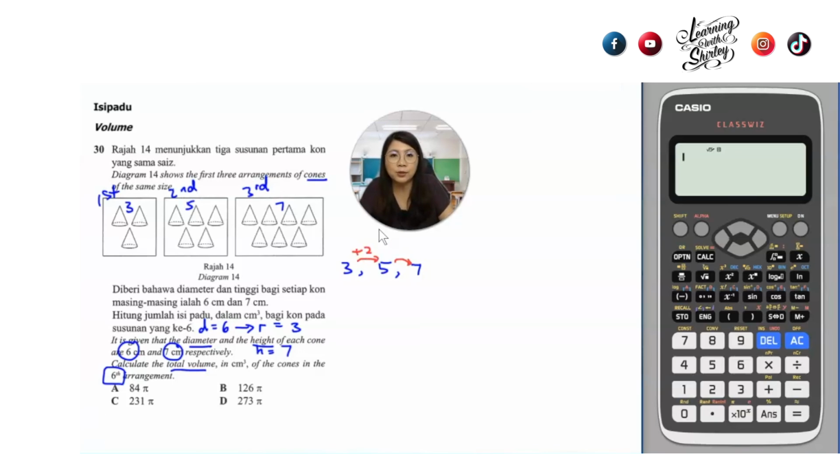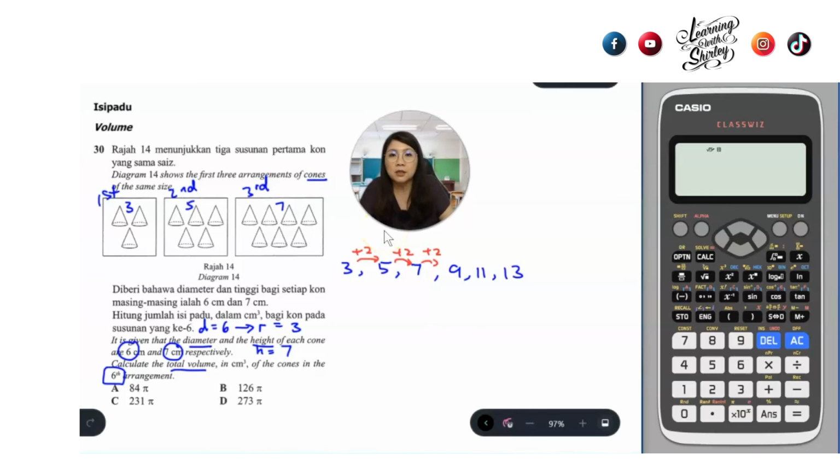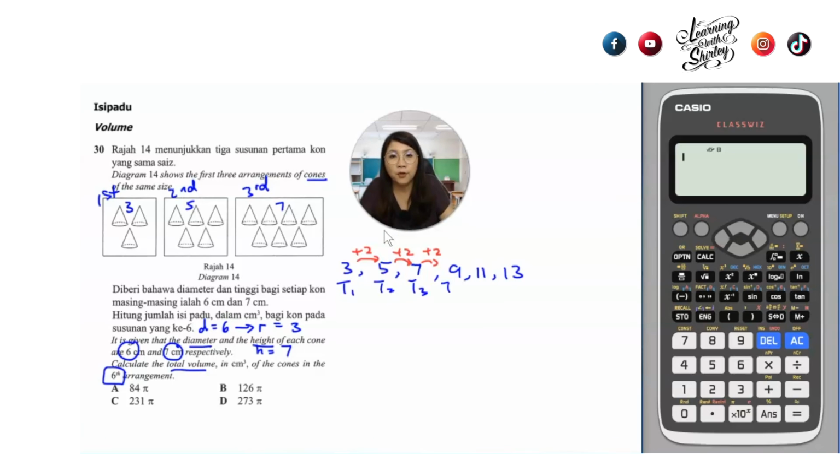So 5 plus 2, 7. 7 plus 2, you get 9. 9 plus 2, you get 11. 11 plus 2, you get 13. So we already got the sixth term: first, second, third, fourth, fifth, and this is 6. Which means that in the sixth term, there will be 13 cones in the diagram.